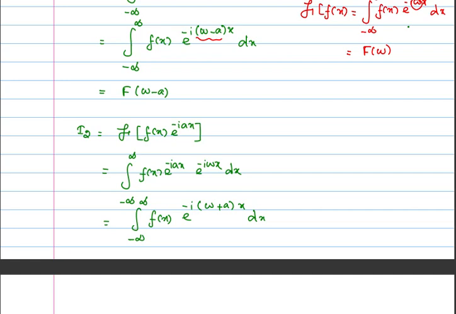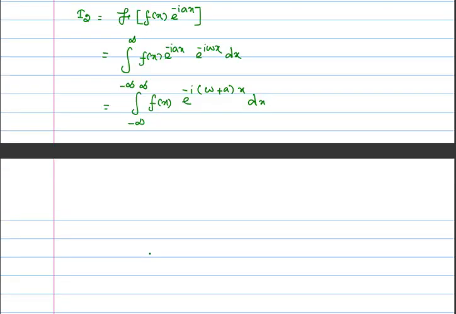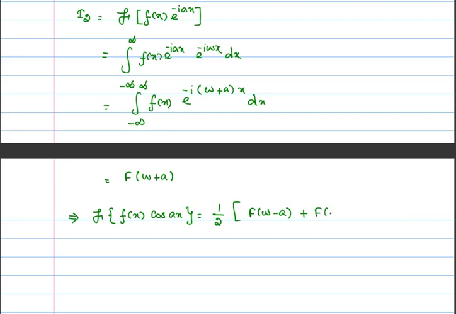So this equals F(omega plus a). This implies the Fourier transform of f(x) times cos ax equals 1 by 2 times I1 plus I2, that is, 1/2 times [F(omega minus a) plus F(omega plus a)].